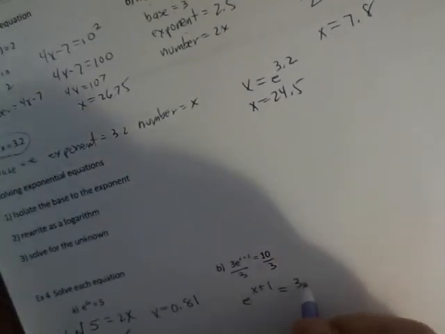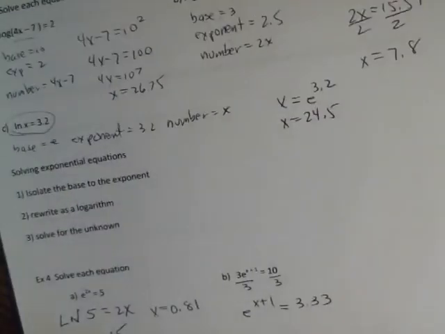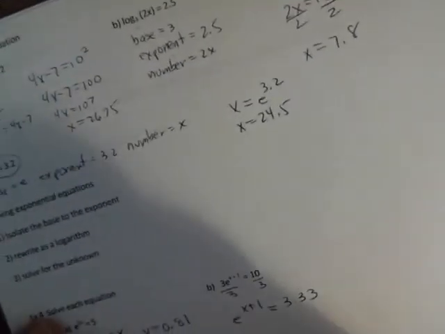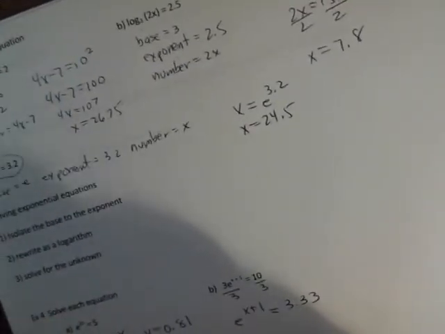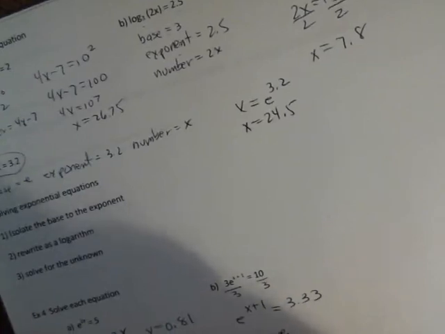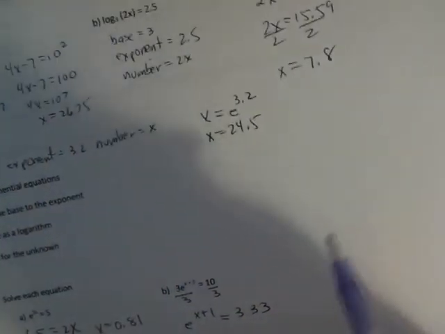So e to the x plus 1 is 3.33. 10 divided by 3. Now, my base is e. My exponent is x plus 1. And my number is 3.33. So it's a little different than up here.